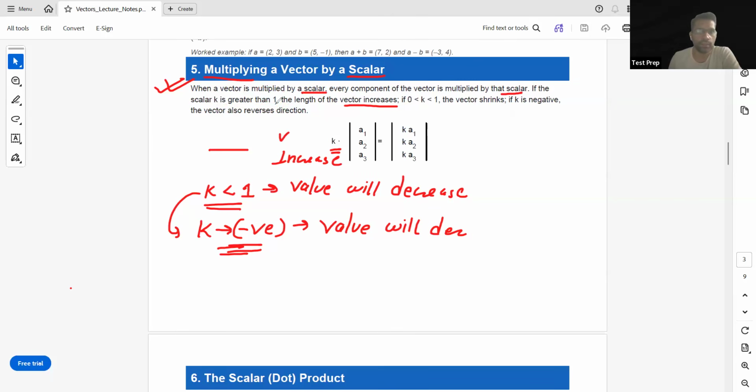If k is greater than 1, the vector will increase. If the k value is 0 to 1, the vector will shrink. If k is negative, the vector also reverses direction. Sorry. In case of negative, sorry, it does not decrease, but the value will remain the same, but its direction will be different.